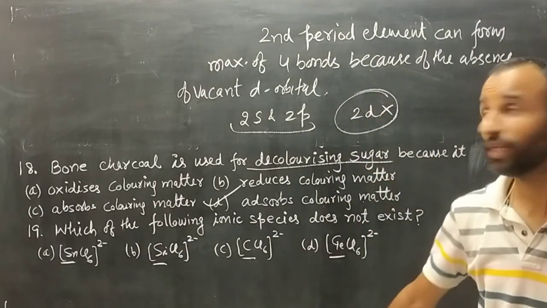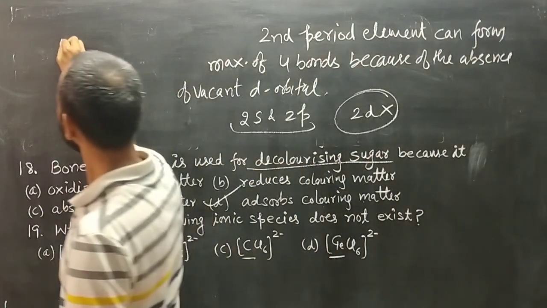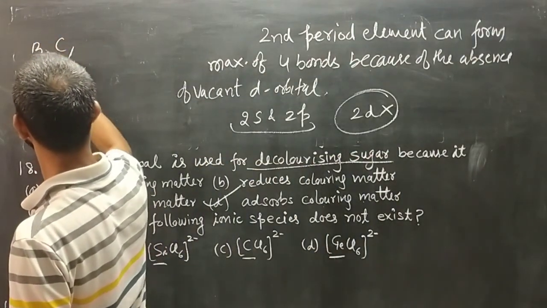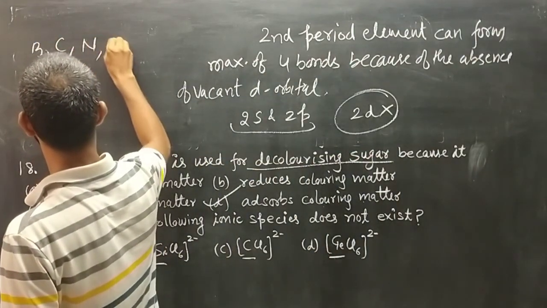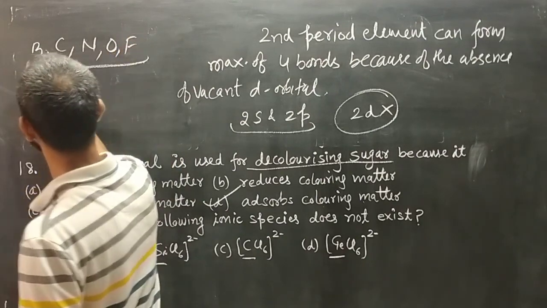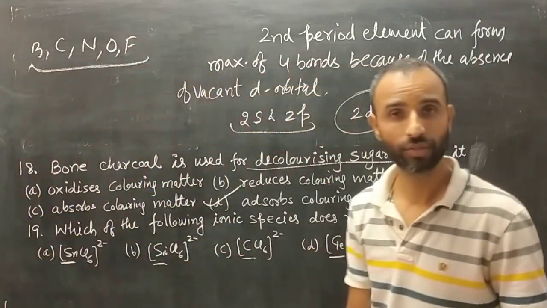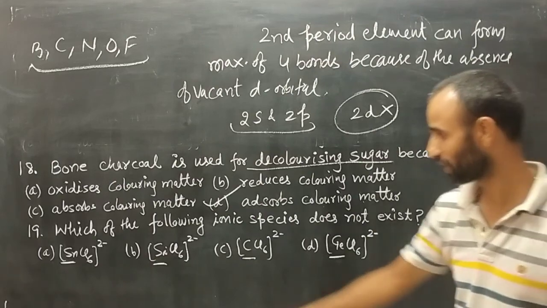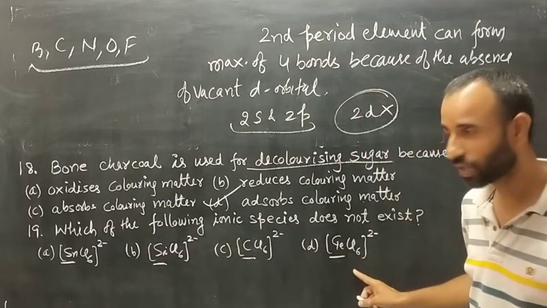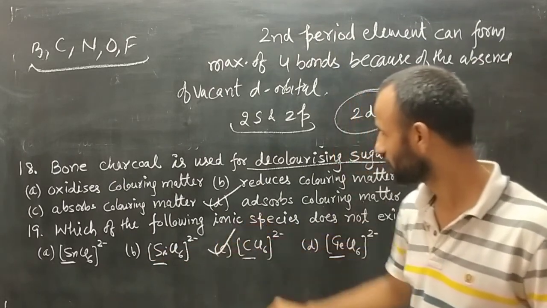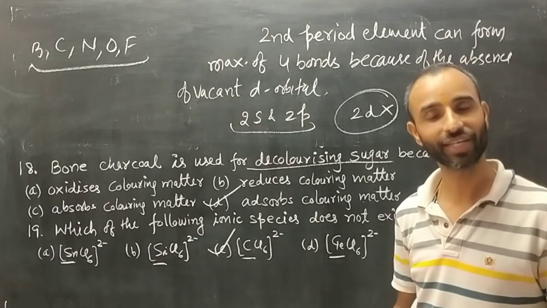That's why carbon, even boron, carbon, nitrogen, oxygen, fluorine, cannot form 6 bonds. Here in all there are 6 bonds, so that means carbon CCl6 does not exist.